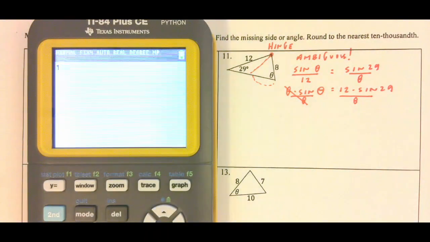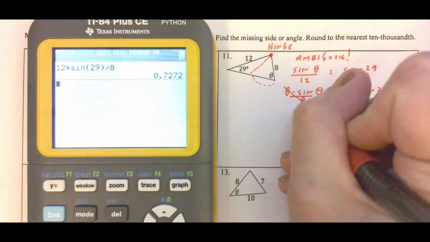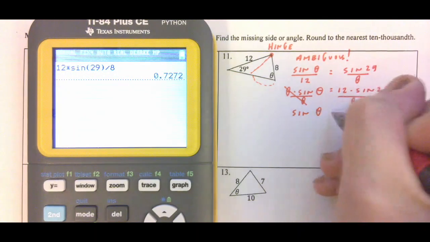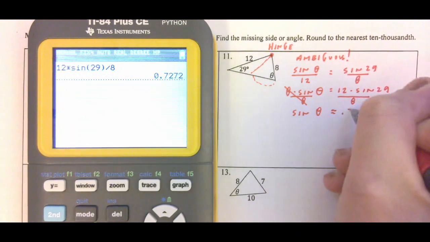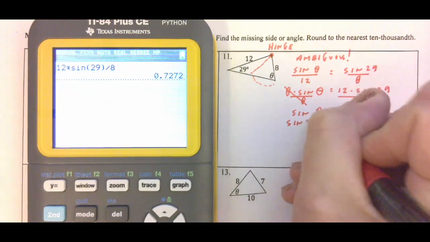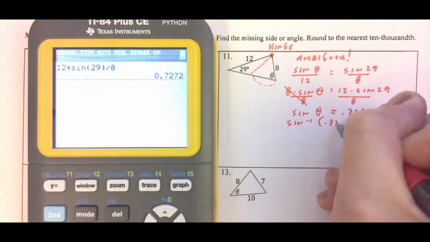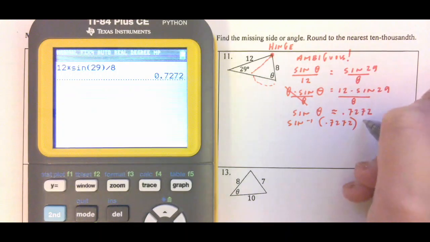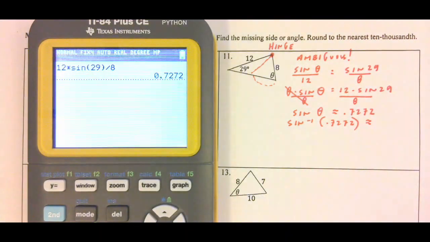All right, so here I have 12 times sine 29, all divided by 8. So I know that sine theta is about 0.7272, and then I take the inverse of that ratio, and it's going to give me my first angle measure.